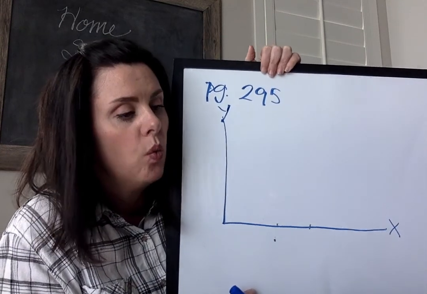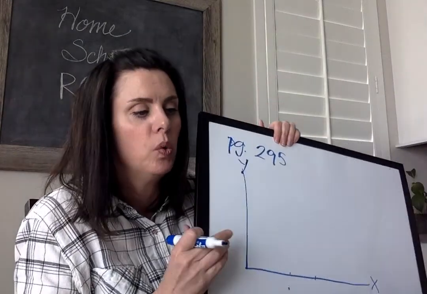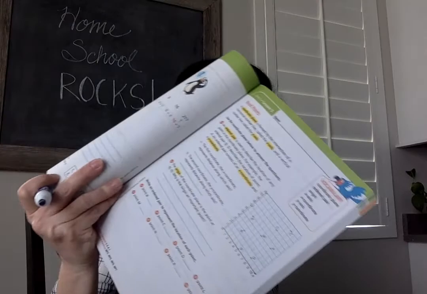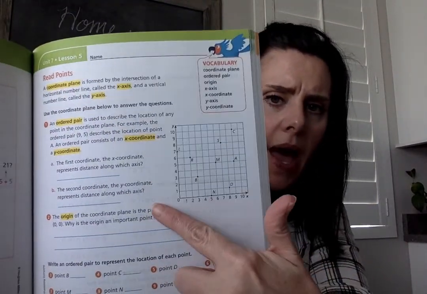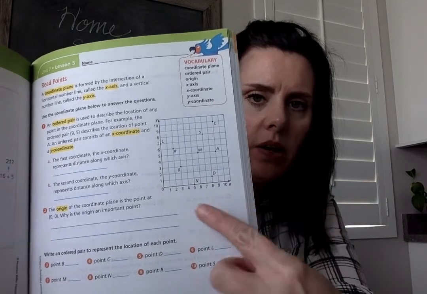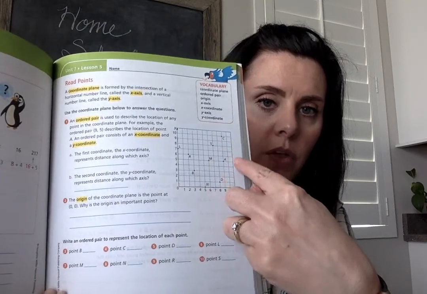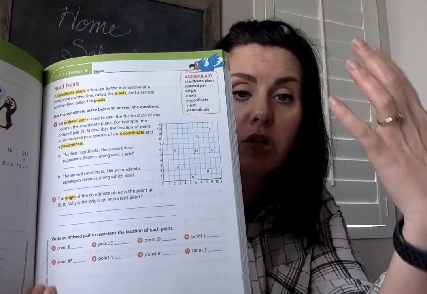Let's look at number 1 on here. Well, before I do that, I want to point out on our picture, we have our X-axis down here and our Y-axis right here. And then we have the graph that's made in between, right?